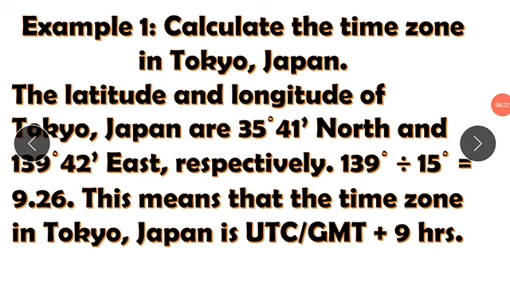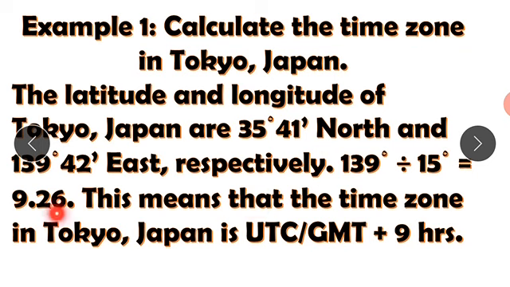So the next example is to calculate the time zone of Tokyo, Japan. The latitude and longitude of Tokyo is 35 degrees and 41 minutes north and 139 degrees and 42 minutes east respectively. So how can we get the time zone? Again, 139 divided by 15.